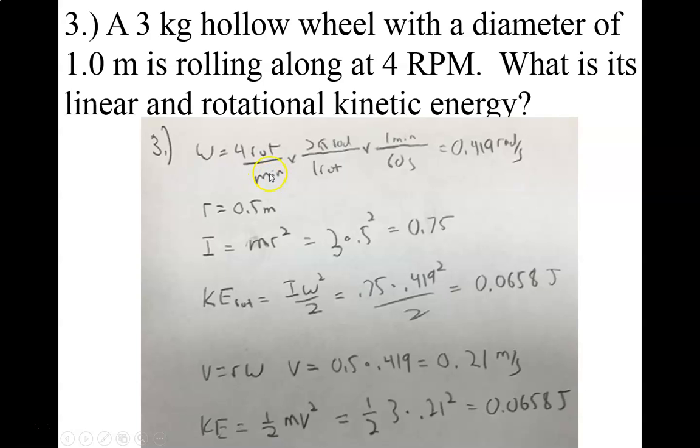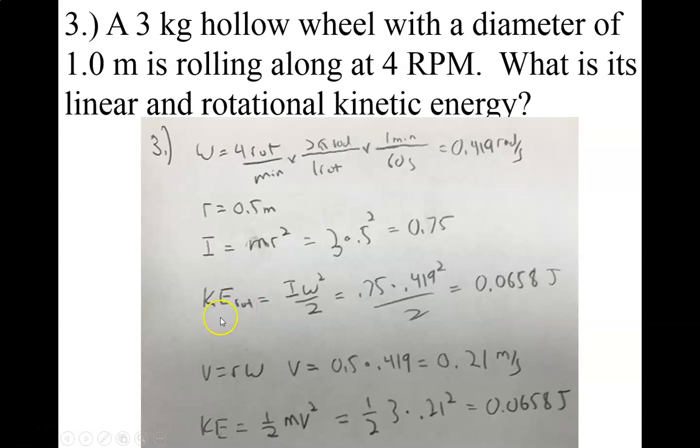So minutes cancel out, rotations cancel out, and we're in radians per second. We want to get that diameter in terms of the radius. It's going to have a radius of 0.5 meter. Since it's a hoop, the rotational inertia is going to equal mr squared. So that is 3 times 0.5 squared, so 0.75.